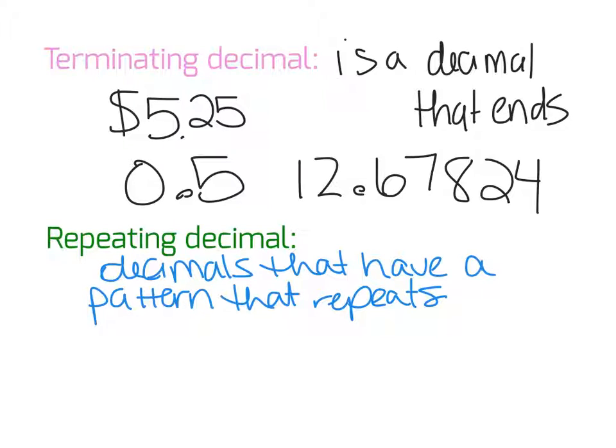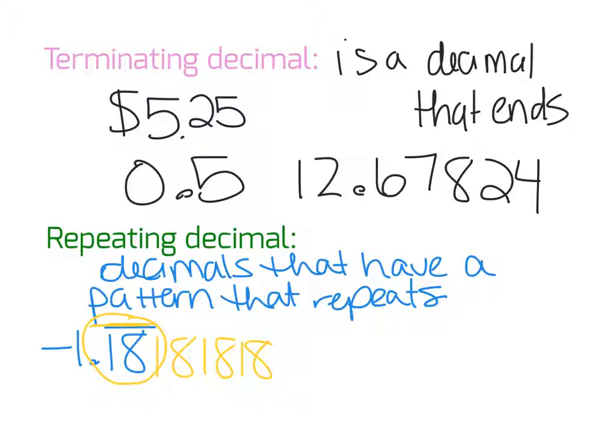So, for example, -1.18, repeating. Now, they can put the repeat sign over more than one number, or they can just put it over one number. In this case, this is over the 1 and the 8, so that means it's going to continue to go 1, 8, 1, 8, 1, 8, forever and ever, okay? So that's the whole purpose of the repeating decimal. Okay, let's try another repeating decimal.